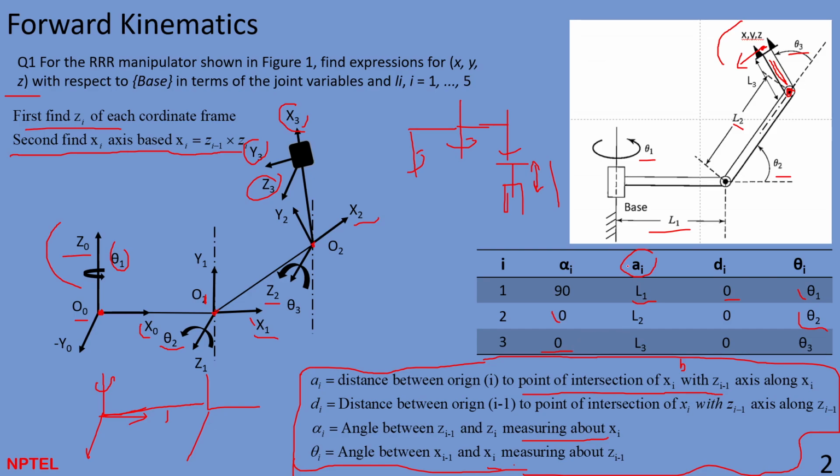And again, A3 is the distance between the origins, which is L3 here. Again, from the difference you get theta, the rotation at Z2.